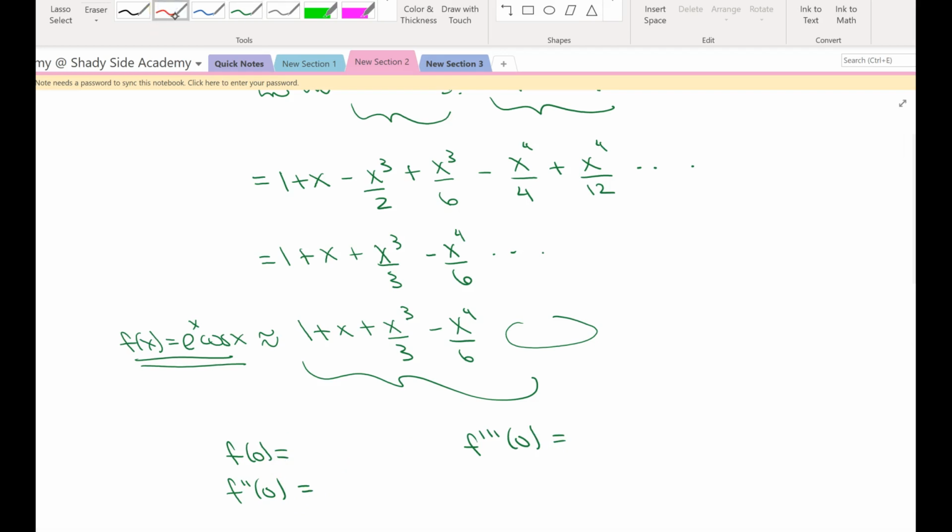All right, well, f of 0 is just 1, right here. F double prime of 0, there is no degree 2 term in this Maclaurin, so f double prime is 0. F triple prime of 0, we know the third derivative at 0 is going to be somewhere in the coefficient of the degree 3 term. But remember, in general, the degree 3 term for a Maclaurin looks like this, right?